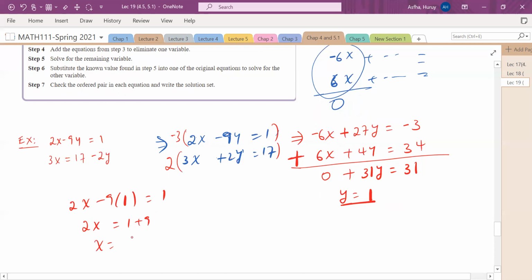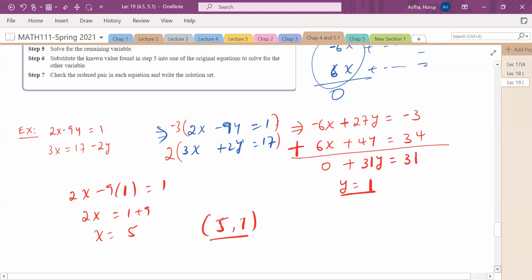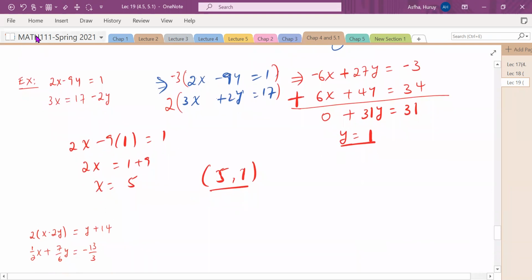So x is 10 over 2, which is 5. Therefore, we have (5, 1). Again, you can check this one, and that will be the solution to this system of linear equations.